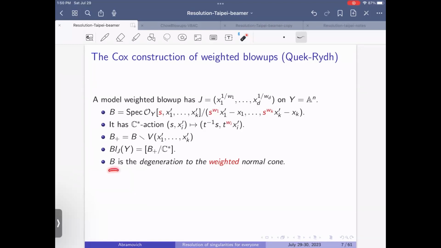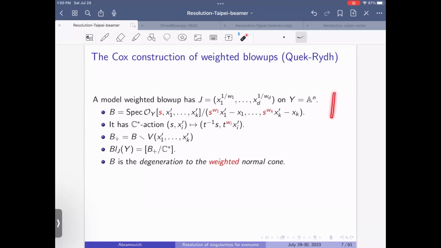And once again, B is itself a more fundamental object. It is the degeneration to the weighted normal bundle or weighted normal cone, whichever way you want to call it. There are questions you can ask. What is the weighted normal bundle? I can discuss that later, but it's less critical for understanding equations and how they transform.